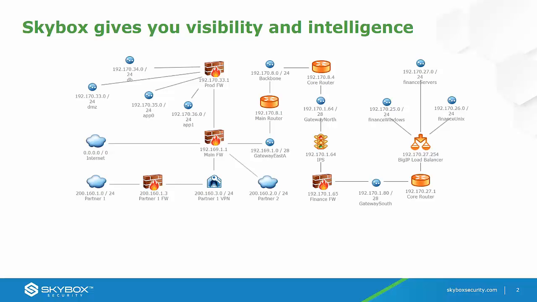Data can be imported directly from the devices, like using show run and show route for a Cisco firewall, from the device's manager, like going to Panorama in a Palo Alto world, from a third-party manager, like SolarWinds or NetMRI, or from a repository. However the data is collected, the final result is a very accurate network model that can be used to address a variety of use cases.